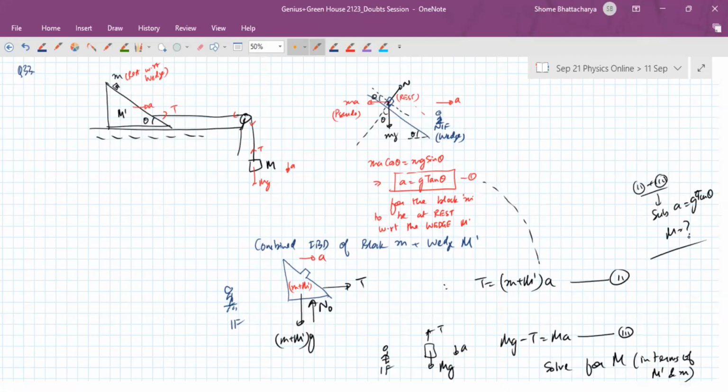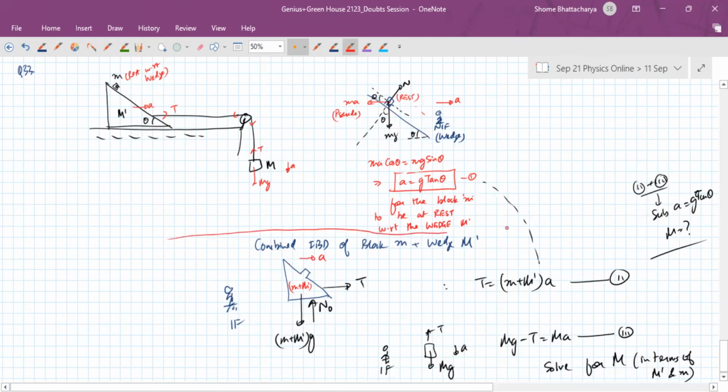Sir, here you made the FBD of like the wedge, the smaller block, and the M. Yeah. Right. And so in smaller block m, you're taking that as rest or accelerate. Rest, no? See, that is in the non-inertial frame. No? So in the frame of the wedge, see what's happening, it's at rest. No?